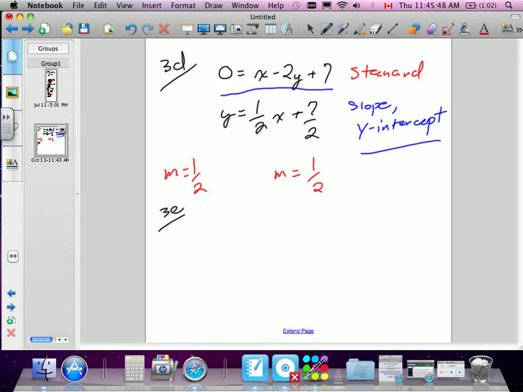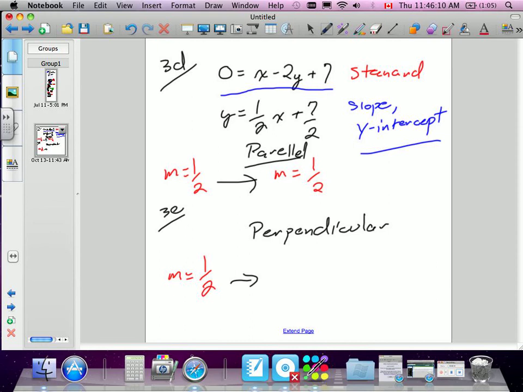Okay. E asks what's the slope of a line perpendicular. Okay, same idea. I got the slope of our line, which is a half. Perpendicular. You need the negative reciprocal.